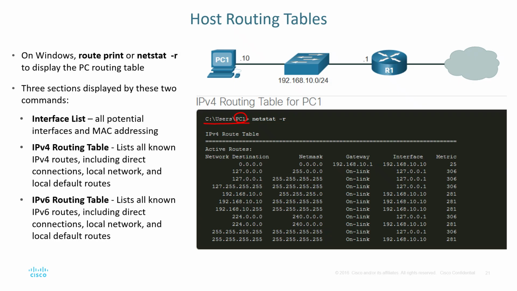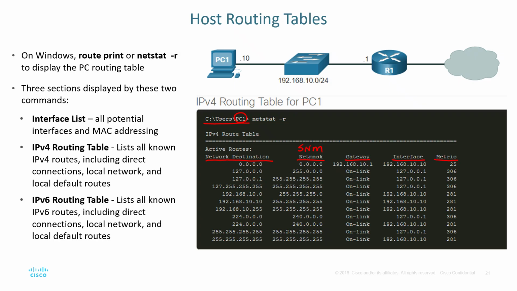Now your routing table has these lists. It has the network destination. It has the network mask, also known as the subnet mask. It has the gateway. It has the associated interface, and it has a metric.